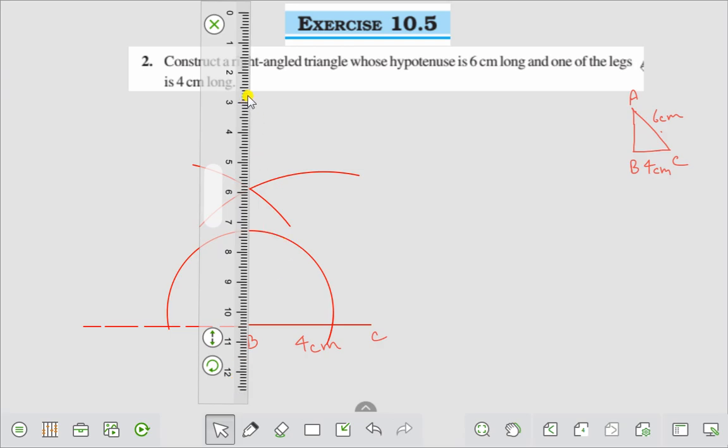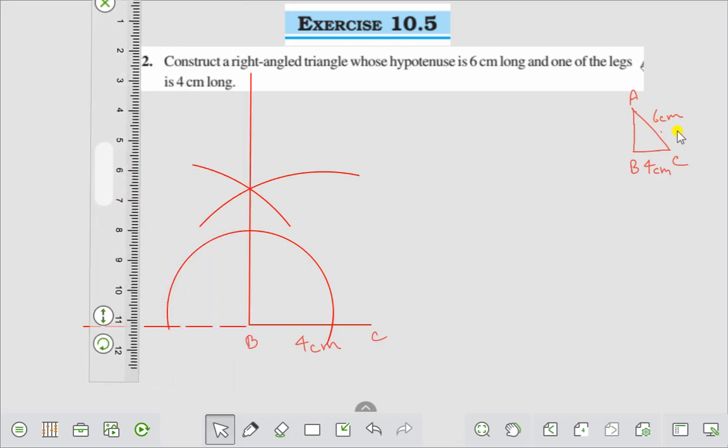Now draw this line. Right? And this is the 90 degree angle at point B.